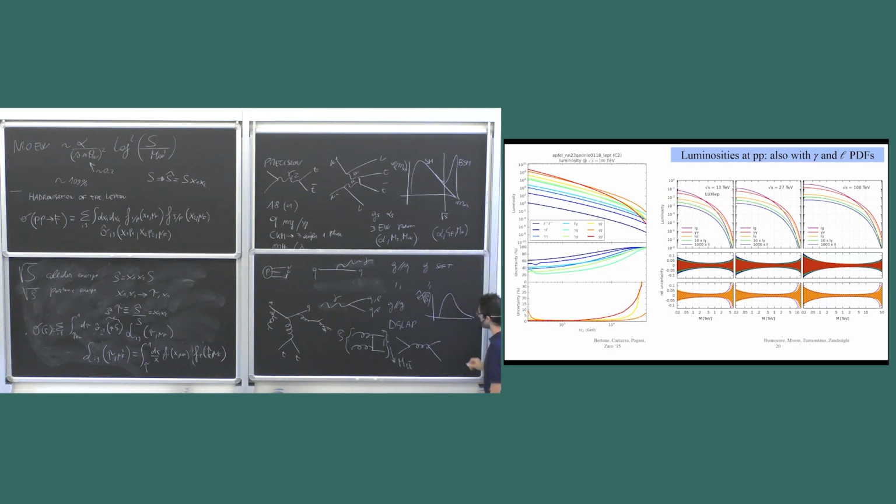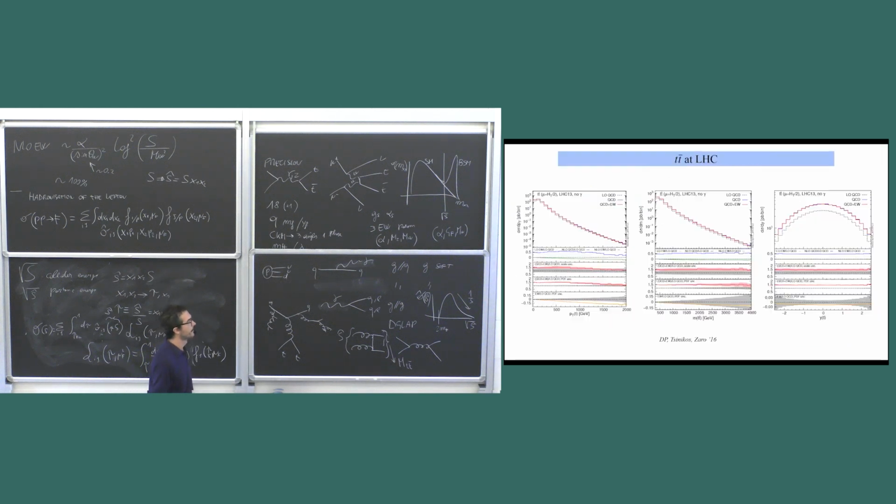It starts at 2 m_top, it gets a maximum, and then goes down like 1 over s. So the cross-section has a peak and goes down. The luminosity goes down too. What is the effect of this?